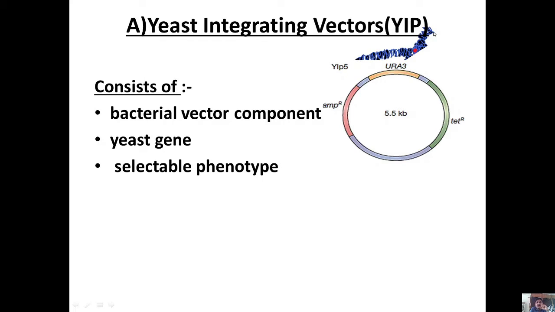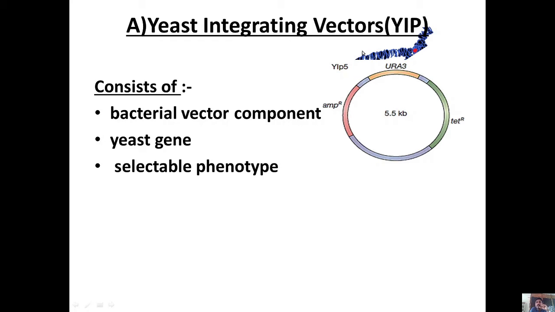See, this is a yeast chromosome, and suppose this red region indicates the position of the URA3 gene, and also suppose that this yeast chromosome bears a mutated URA3, which we indicate as URA3 minus.